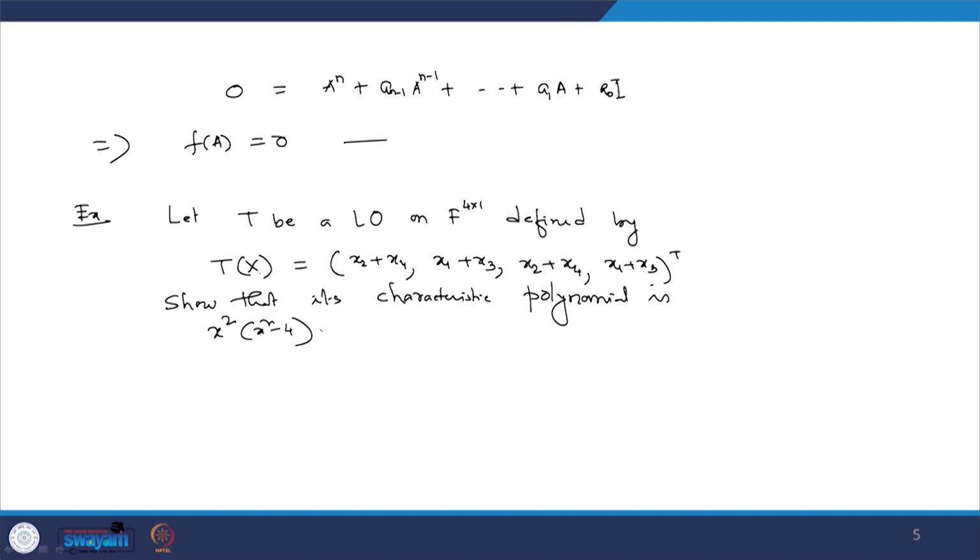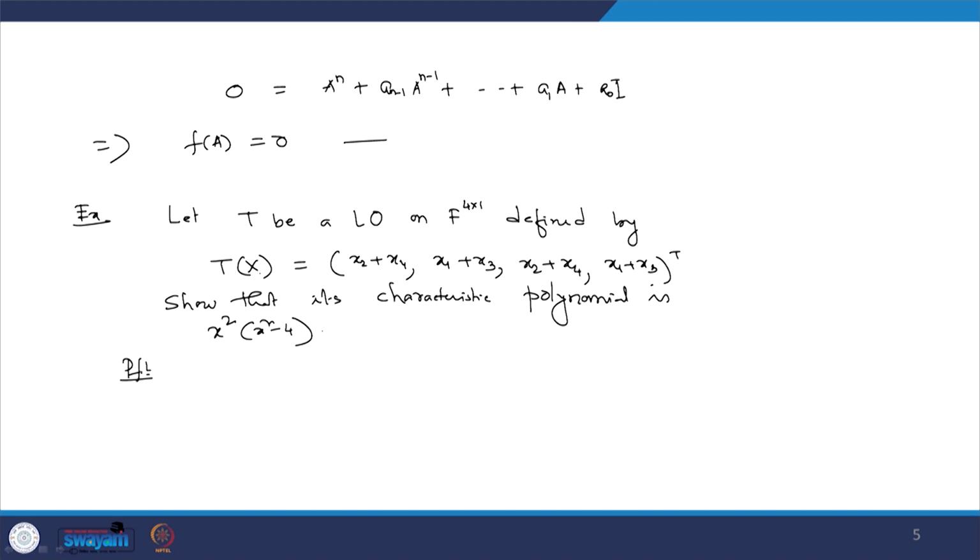Let T be a linear operator defined by T of x equal to (x_2 plus x_4, x_1 plus x_3, x_2 plus x_4, x_1 plus x_3) transpose, so that its characteristic polynomial is x squared into x squared minus 4. I have to show that A squared into A squared minus 4 equal to 0.